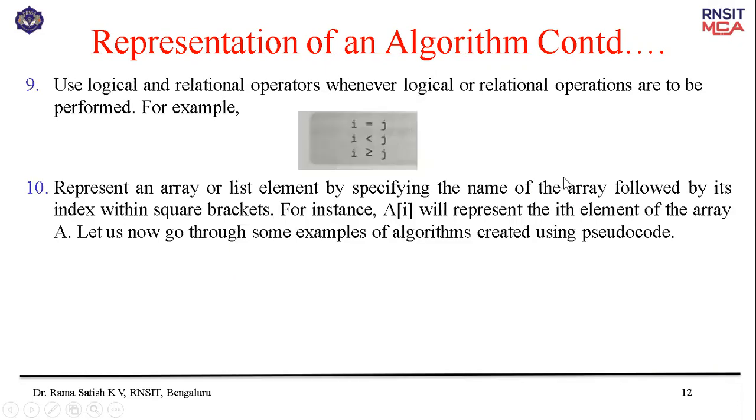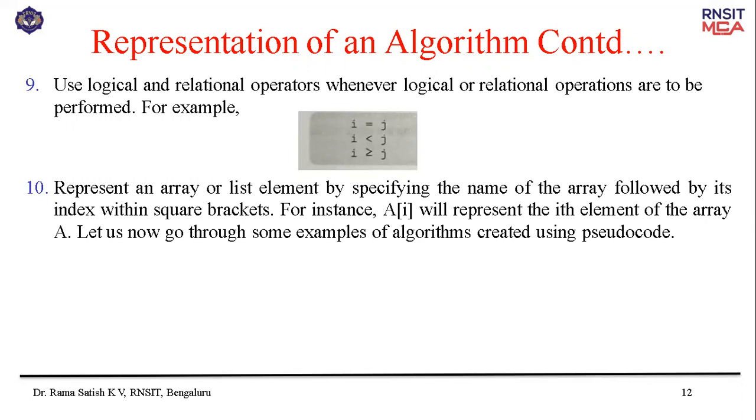Right. Now, the representation of logical and relational operators, you can straight away use it as it is. I equal to j, or I less than j, I greater than or equal to j, so that you can represent it in the same format.